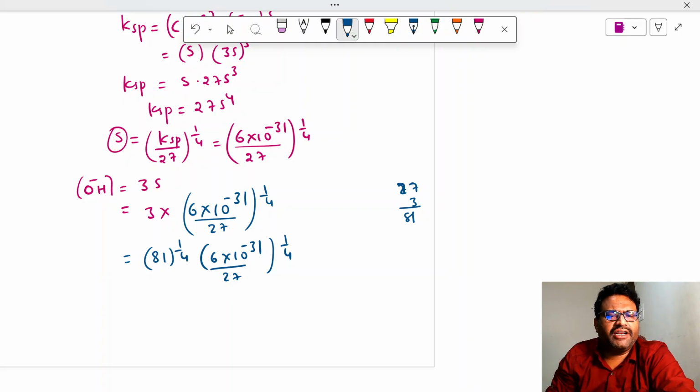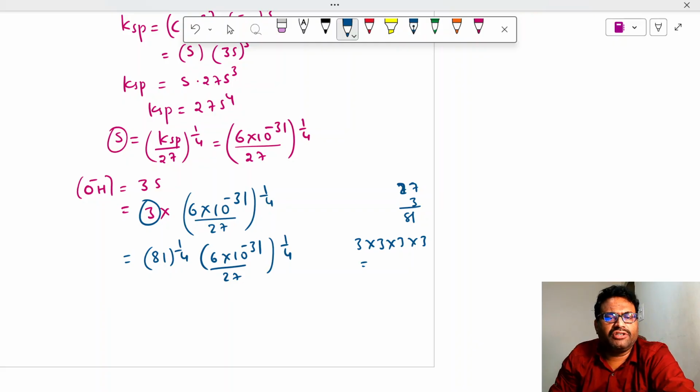So 3 can be written as 81 power 1 by 4, because 3 into 3 into 3 into 3: 9, 9 3 is 27, 27 3 is 81.